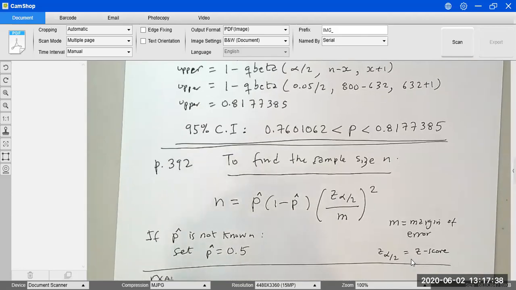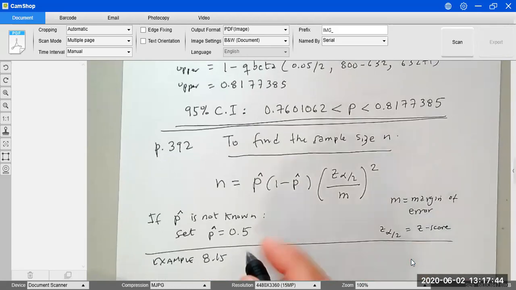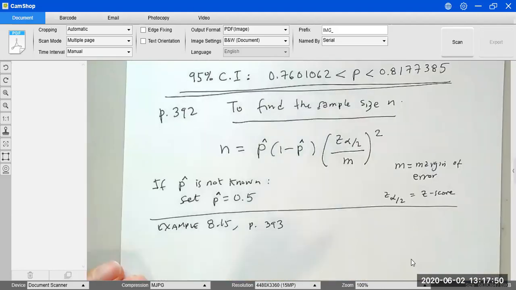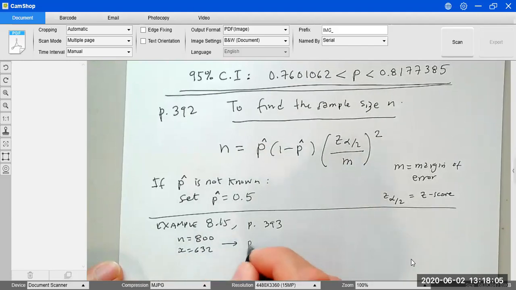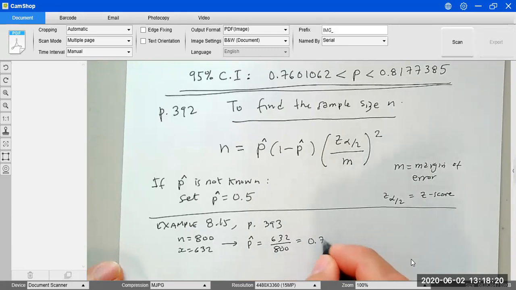So we have example 8.15 on page 393. So here we know that n equals 800, we know that x equals 632, so we know a proportion. The proportion is again 632 over 800, so this is 0.79.